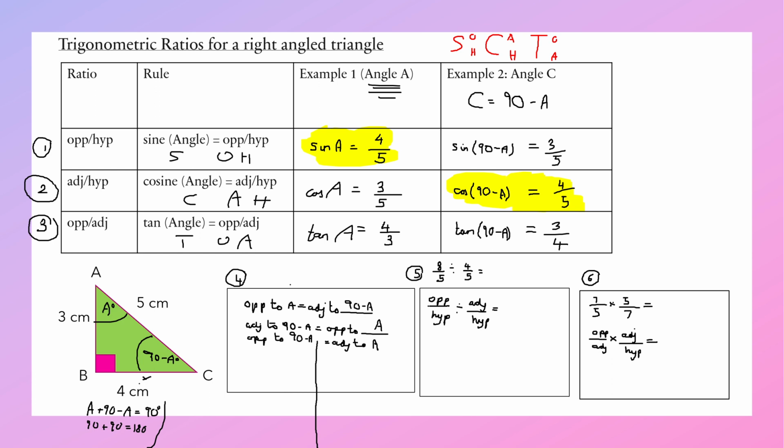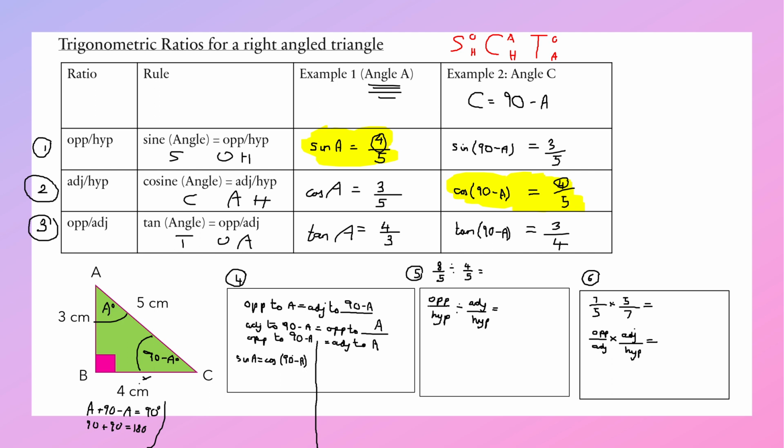Okay, so let's see how this works. So we know that sine A equals 4 over 5 equals cos A. So the 4 centimeters is adjacent to A, opposite to A, but adjacent to 90 minus A. So I'm going to write sine A equals cos 90 minus A, because we know they're the same.